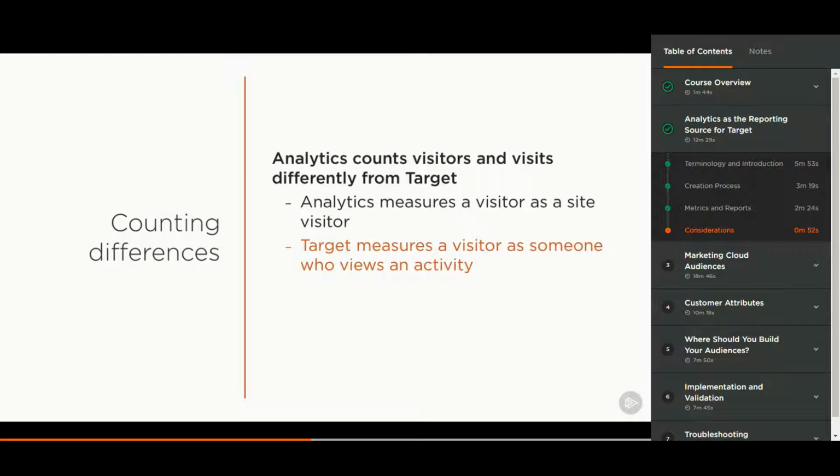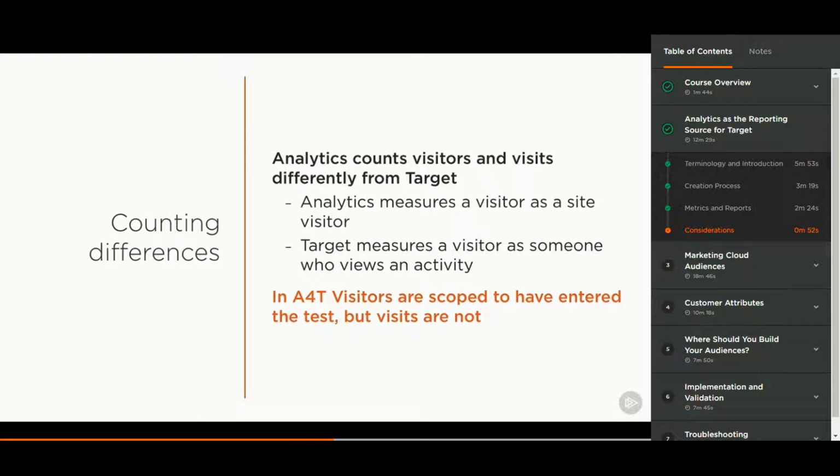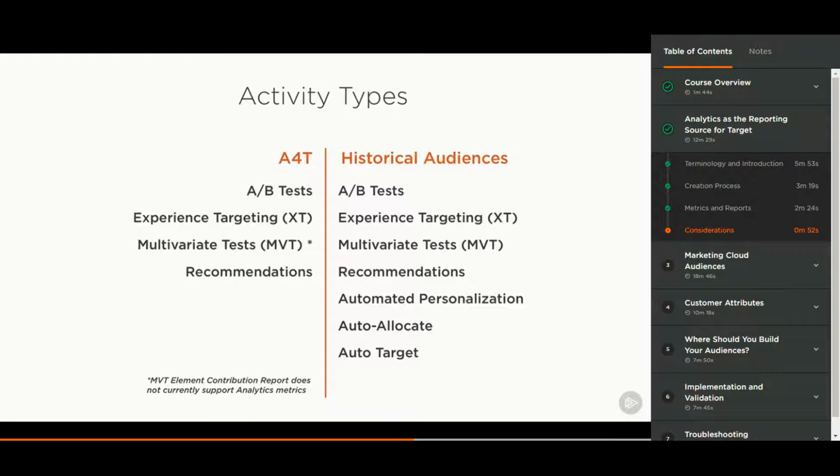So in other words, with A4T reporting, visitors are scoped to have entered the test, but visits are not. Another consideration to keep in mind are the activity types supported with A4T. Currently, A/B, experience targeting, multivariate, and recommendation test activities support A4T, but at the present time, automated personalization, auto-allocate, and auto-target tests do not.